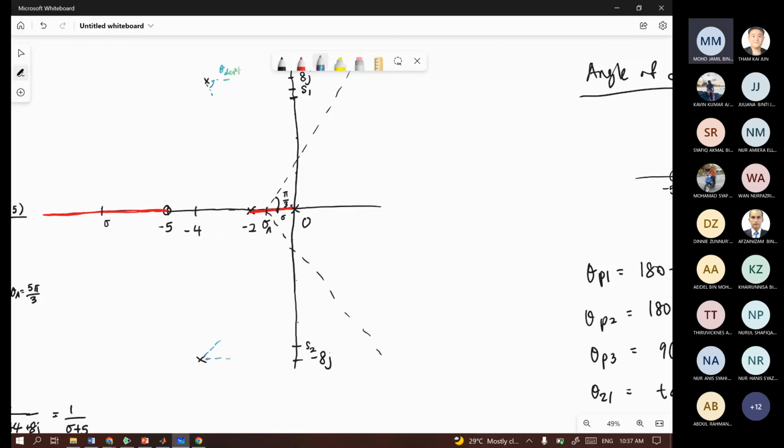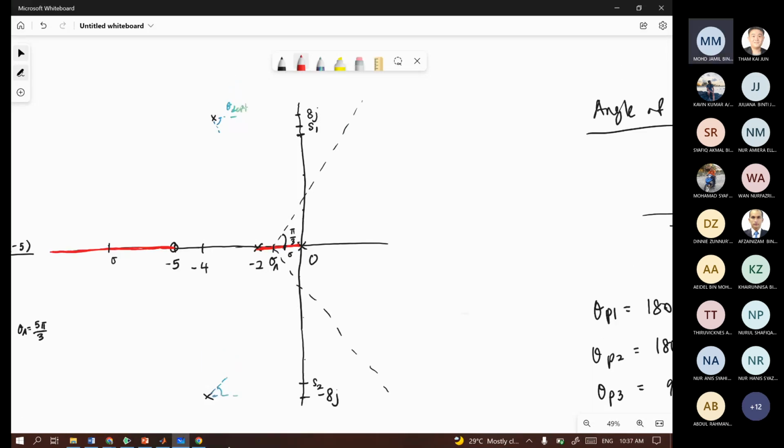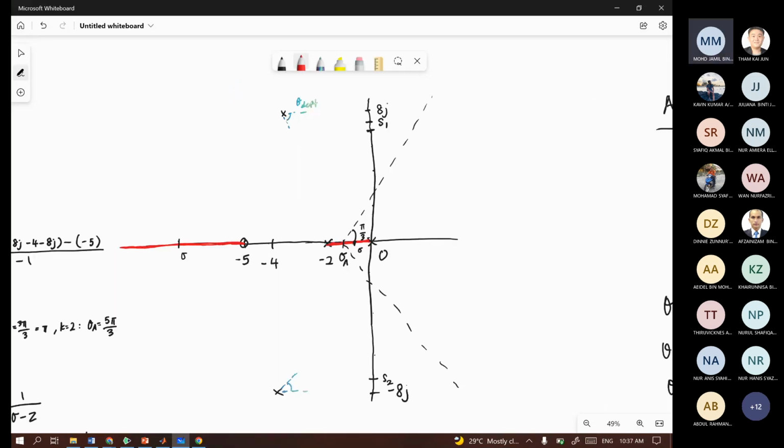Okay, so we have everything already. Then we can sketch the root locus. So we know that we have 4 branches. One branch will go to negative 5, and the other 3 branches will go to infinity. So we have S1 here.